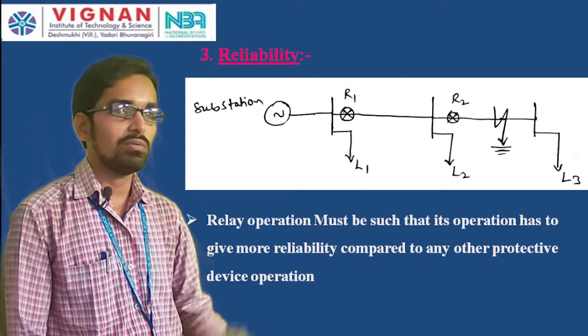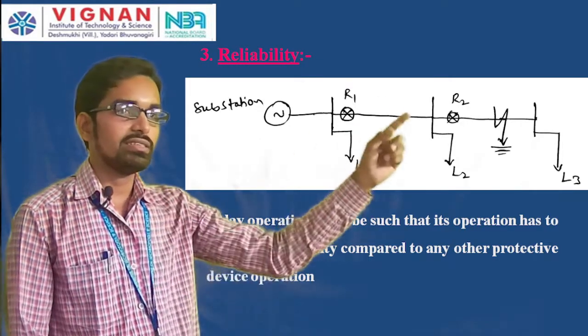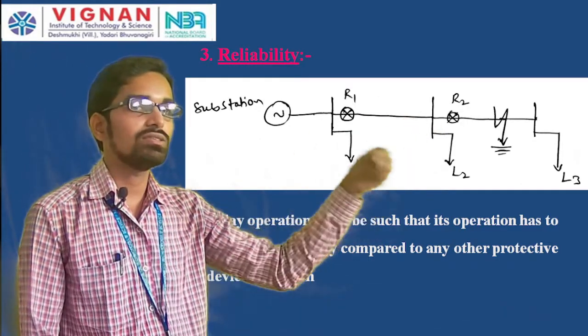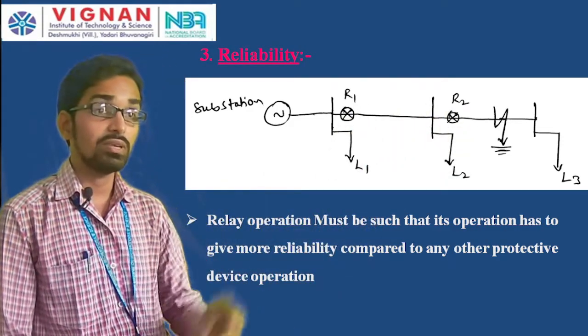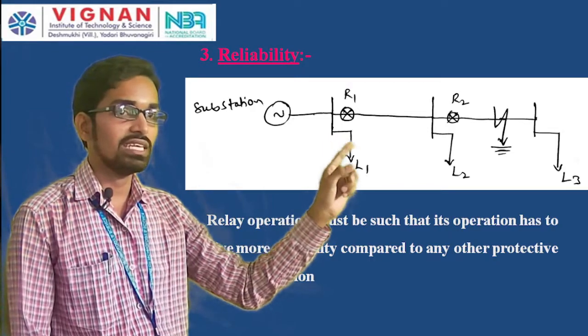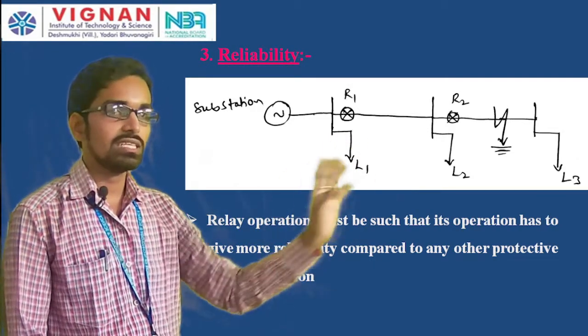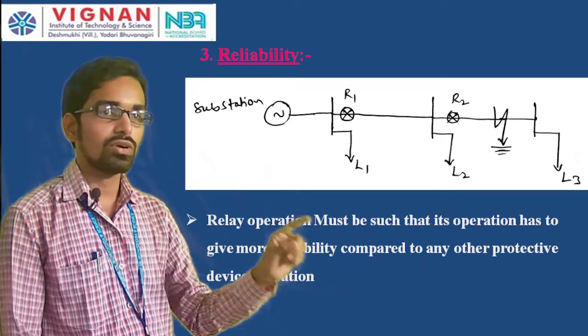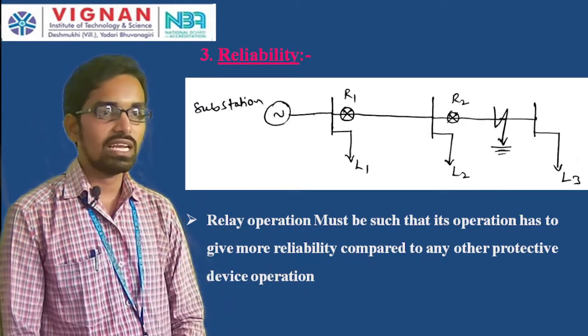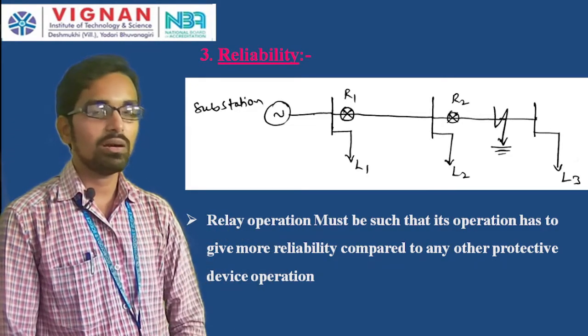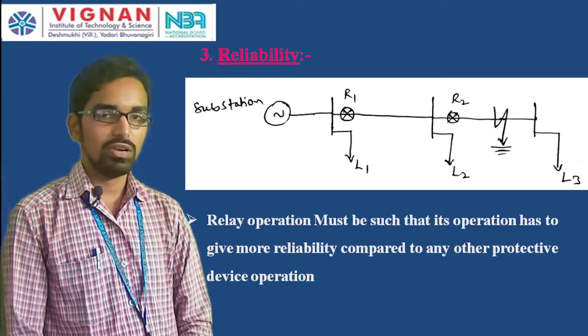That is an unreliable operation. If you operate relay 2, that gives a reliable operation, as only L3 is going to be disconnected, because the fault has taken place near L3. That means we have to operate only R2. R2 operation gives the reliable operation, and R1 operation gives the unreliable operation.